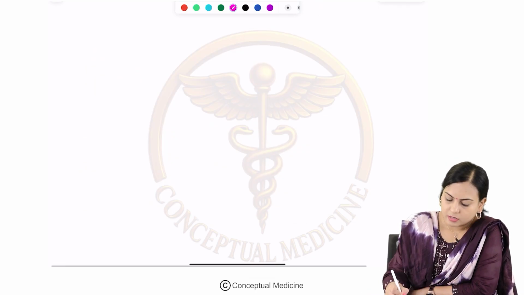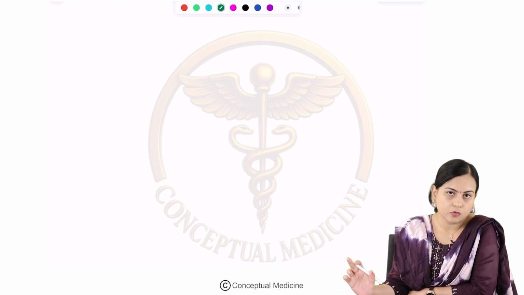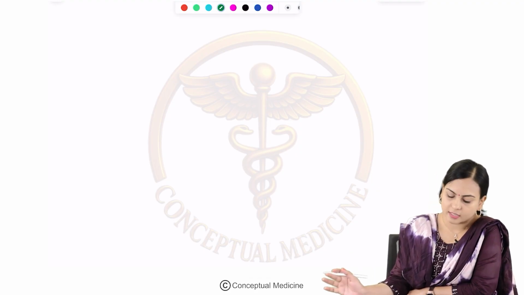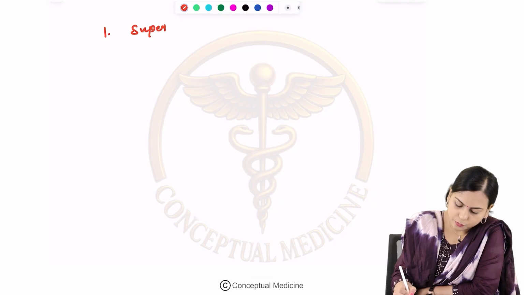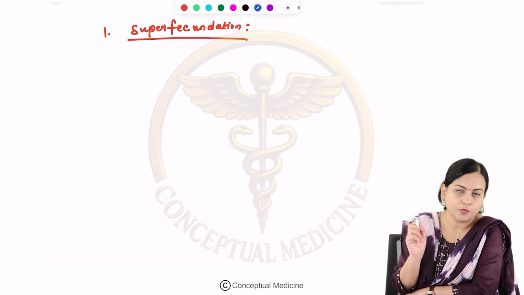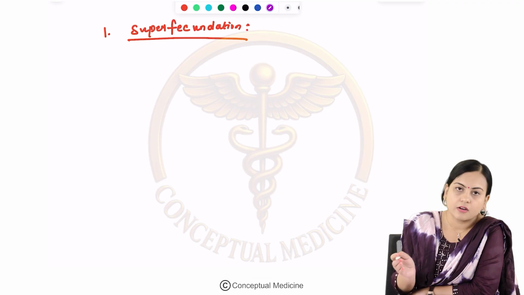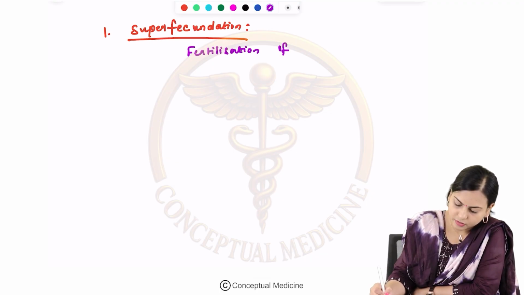Clear? Okay. Now, I just want you to tell the differentiation between 2 terms that is commonly asked in exams. First term is superfecundation. Okay. So, remember in superfecundation, there is fertilization of 2 ova.